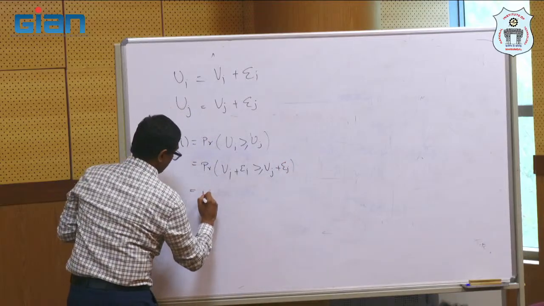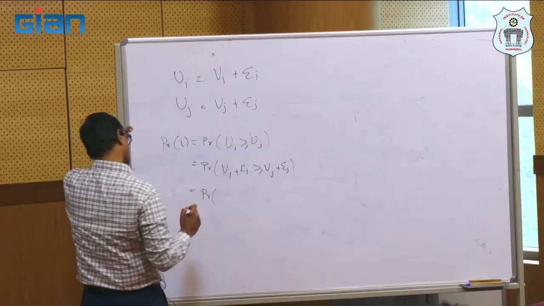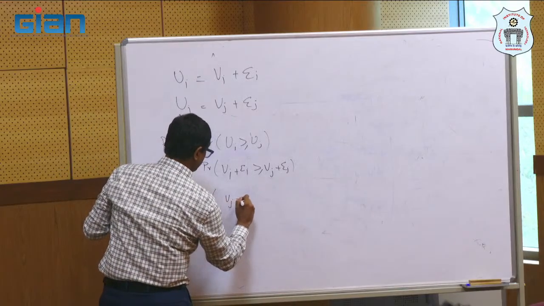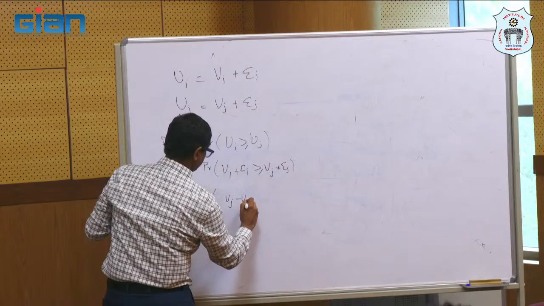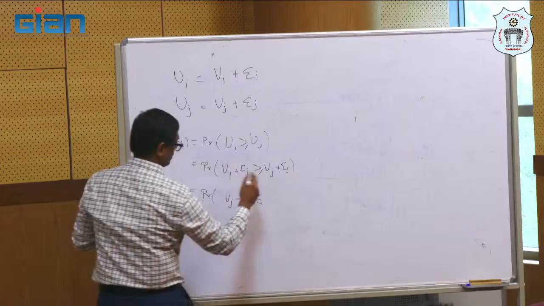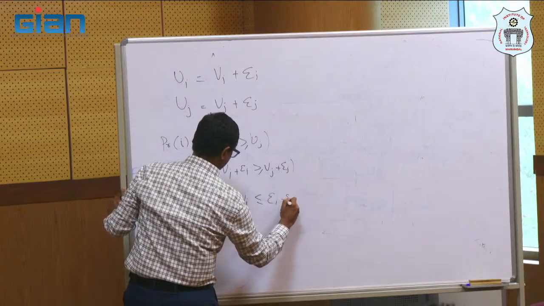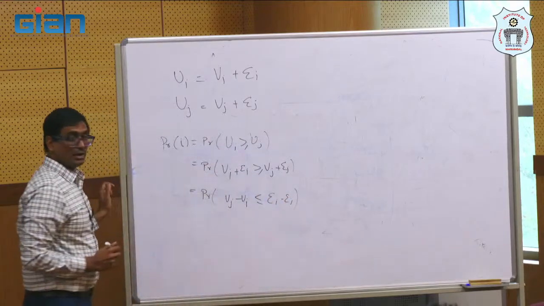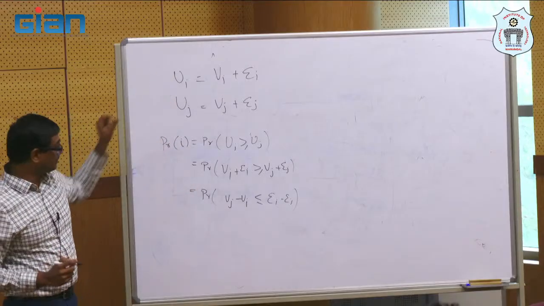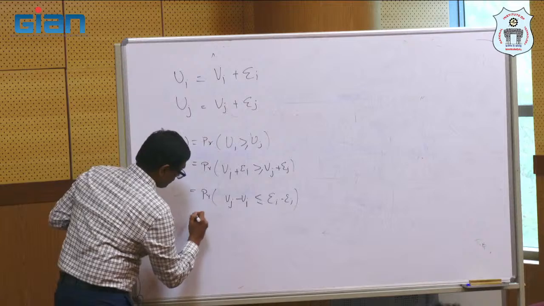This is the same as the probability of Vj minus Vi less than or equal to epsilon i. Okay, if I know my parameter values, this is a fixed quantity.